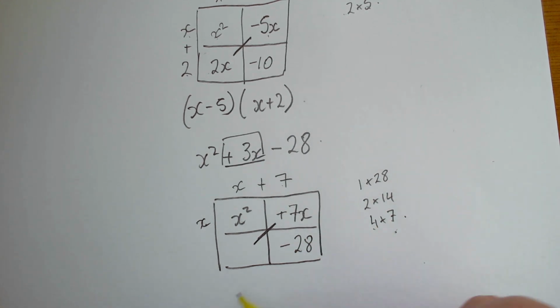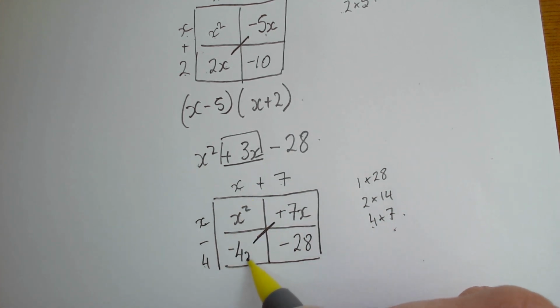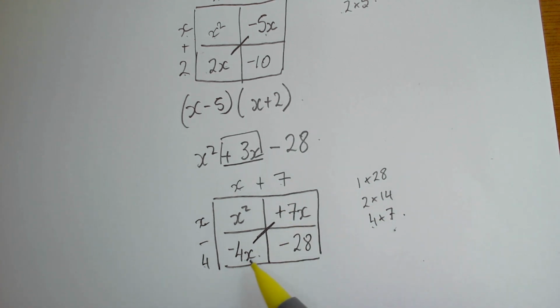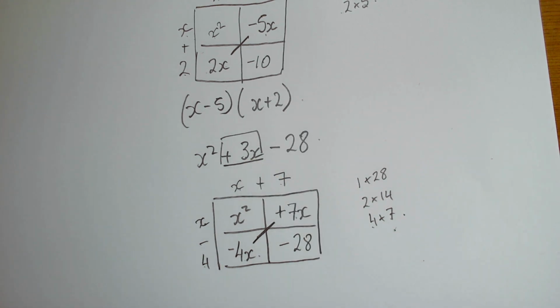And we're going to say minus 4 here, and we say minus 4 times x is minus 4x. Then summing across here, if we have minus 4x plus 7x, we will of course have 3x. So reading across the top, the factors of this equation are x plus 7 times x minus 4.